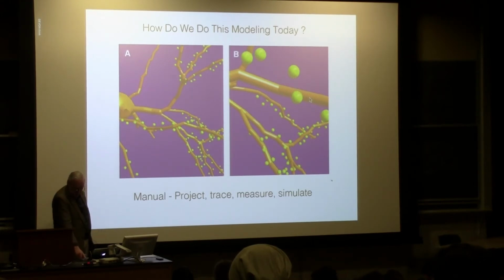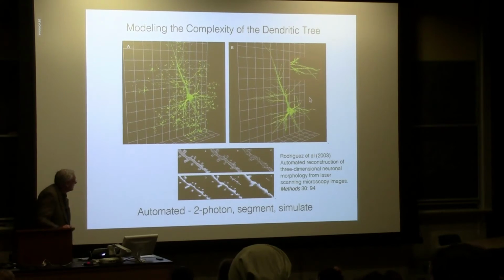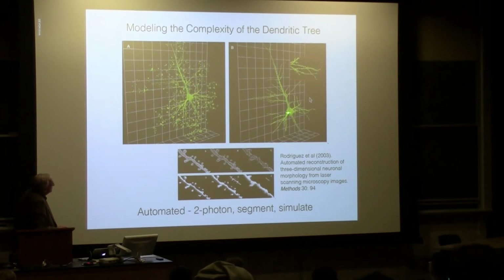And then, more recently, along comes super high resolution imaging methods, multiphoton imaging methods like you see here. So here's, I think this is a cortical pyramidal cell. And you see that it's reconstructed using a 2-photon imaging system, which has a resolution down to like 500, 600, 700 nanometers.